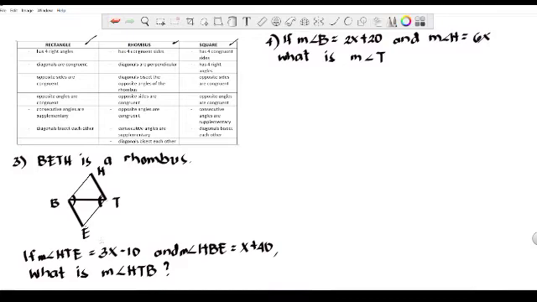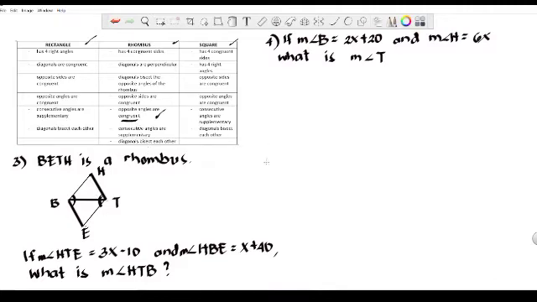The first thing that we need to do is identify the relationship between the given angles. If you can see, angles HTE and HBE are opposite angles. If we check the property of opposite angles in a rhombus, it says that the opposite angles are congruent.